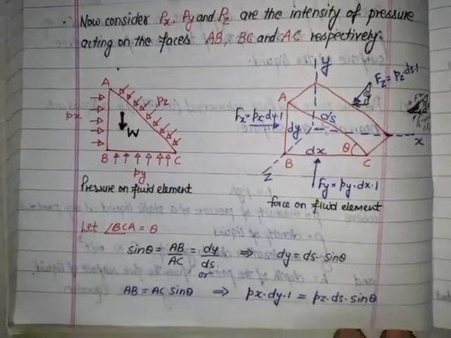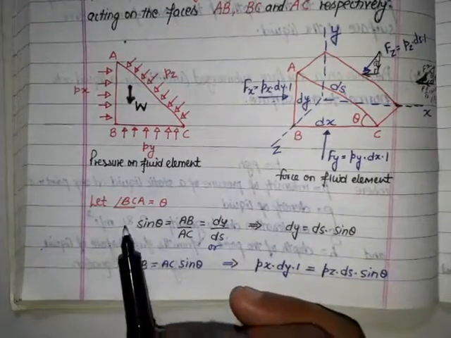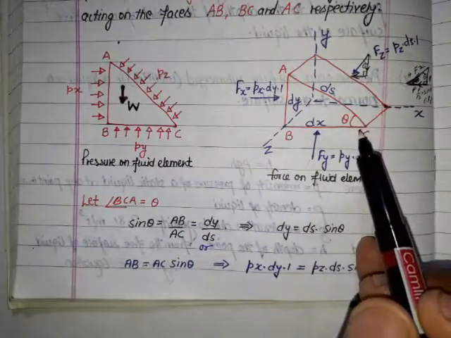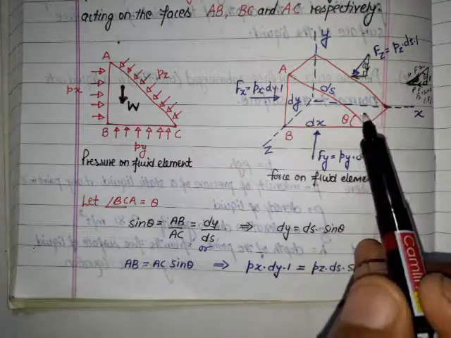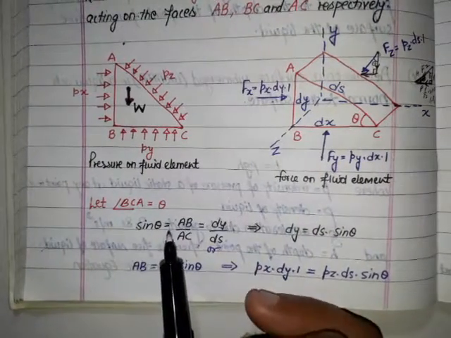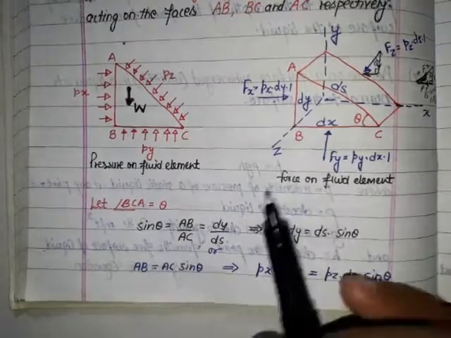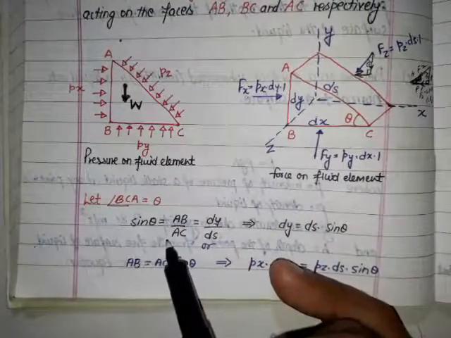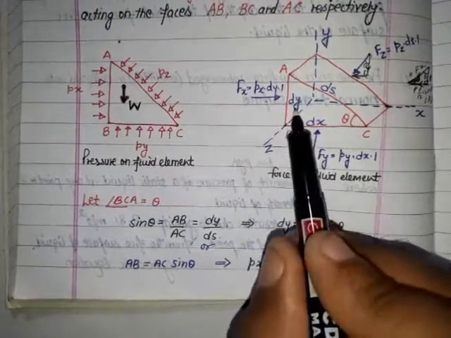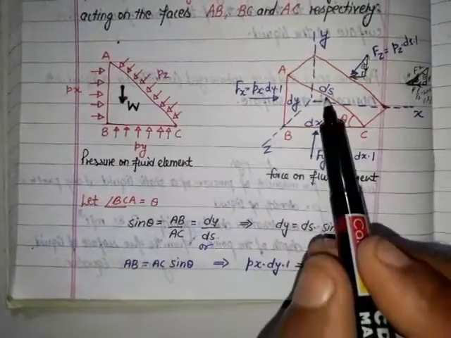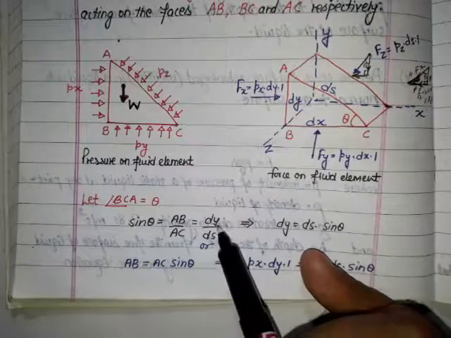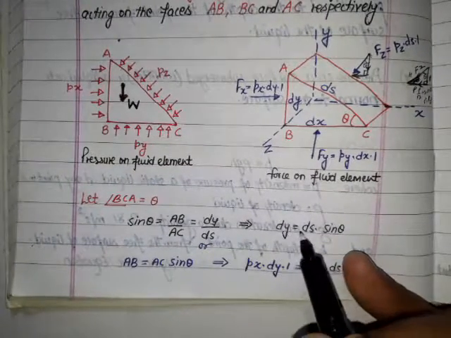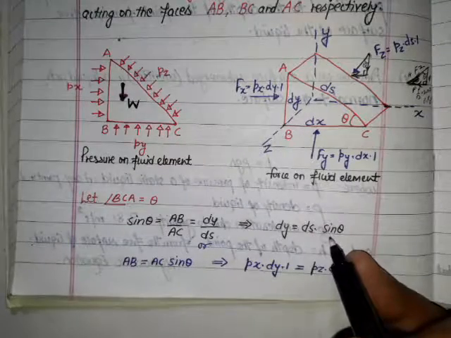Now let angle BCA be theta, and from this triangle we can say sin theta equals AB upon AC. AB is the perpendicular, AC is the hypotenuse, and AB equals dy and AC equals ds, so dy upon ds, and so it becomes dy equals ds sin theta.